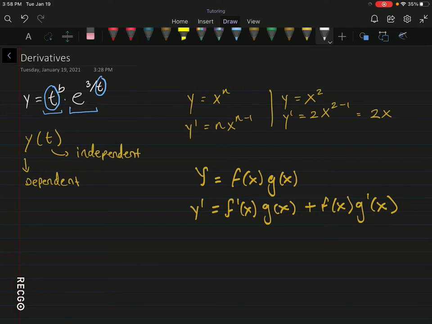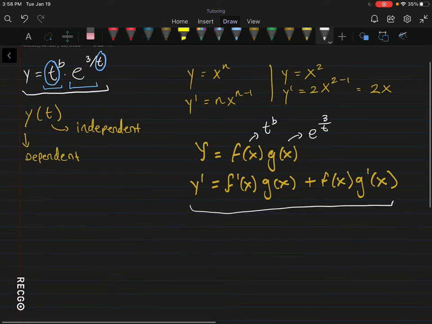So this is important because for us, our f of x is going to be our t to the power of b, and our g of x is going to be our e to the power of 3 over t. Okay? So when we take the derivative of this function, we're going to follow this roadmap here. So derivative of y, we take the derivative of f of x first, which is our t to the power of b.